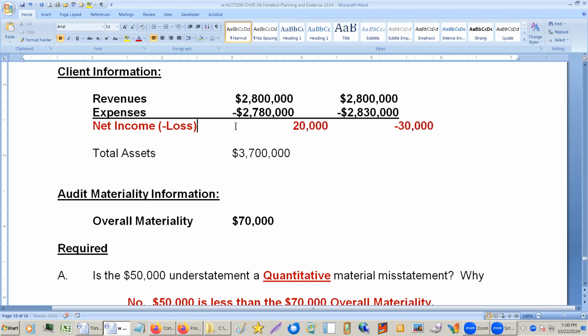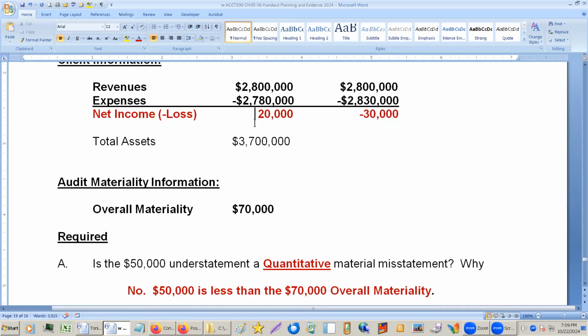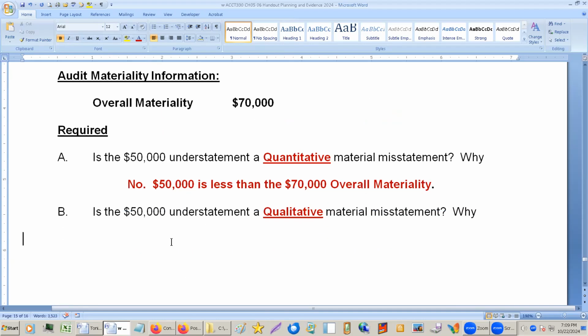Yeah, this would change net income to a loss, actually. So it is. So while it's not quantitatively material, it is qualitatively material. I wish those words didn't sound so much alike.